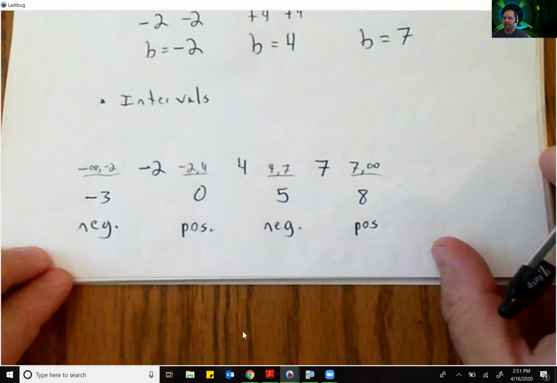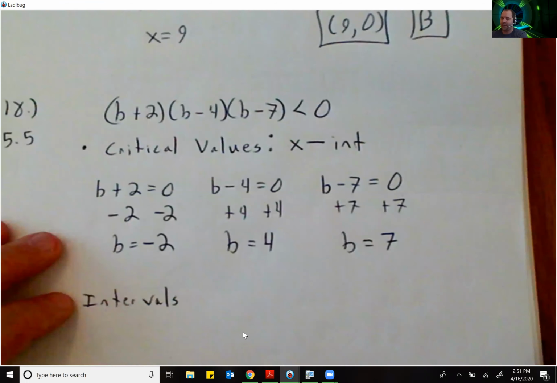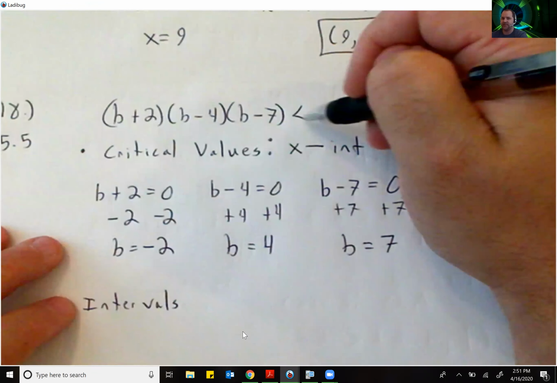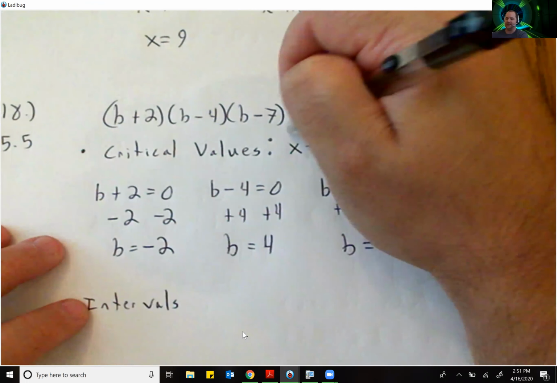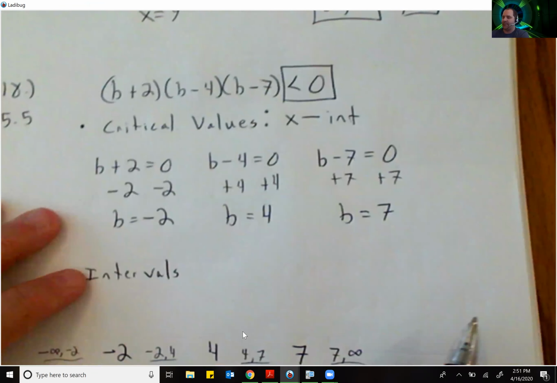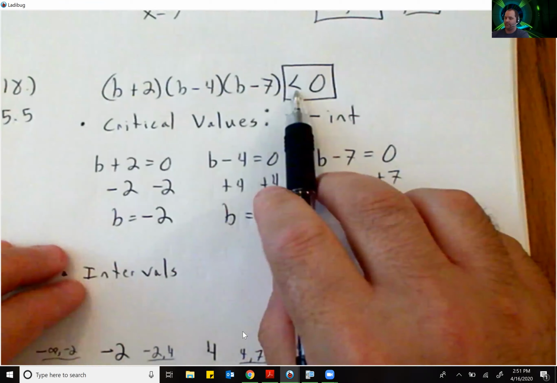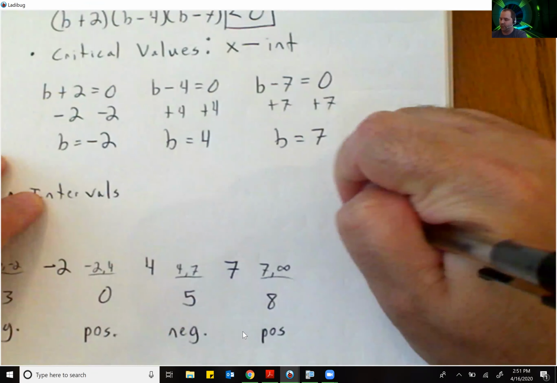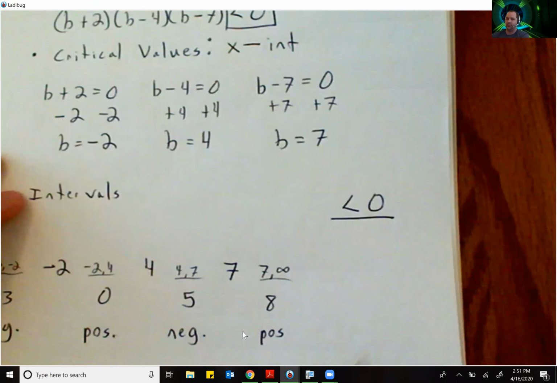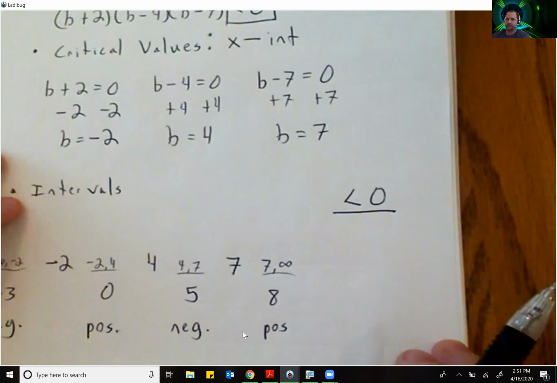Okay. Here's where we're going to go up here. And I pretty much have ignored this piece until now. Now is when we look at this part. Okay. It says I want to be less than 0. If we are less than 0, what kind of answers do we want?